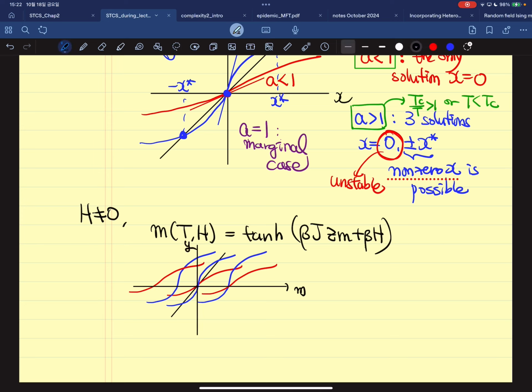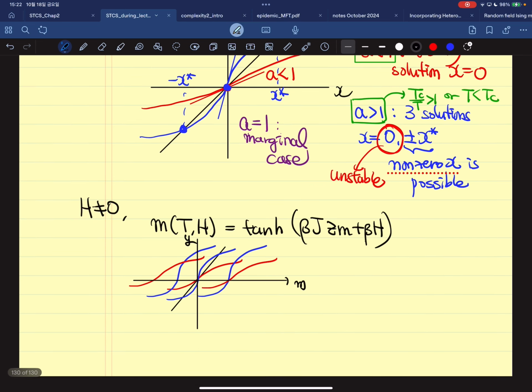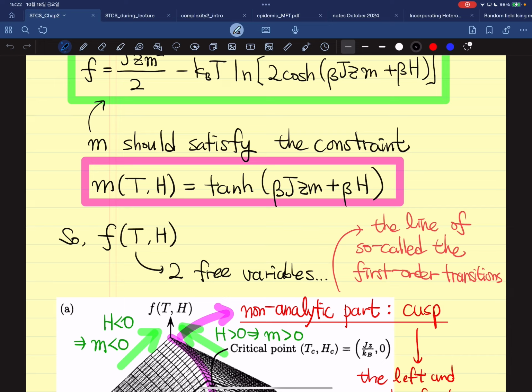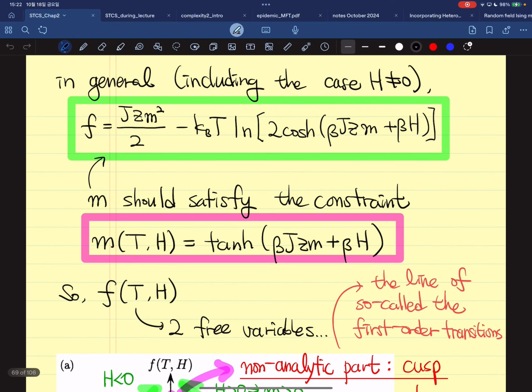So it's really non-trivial now, but anyway, again, this F is a free variable because M should be determined later.